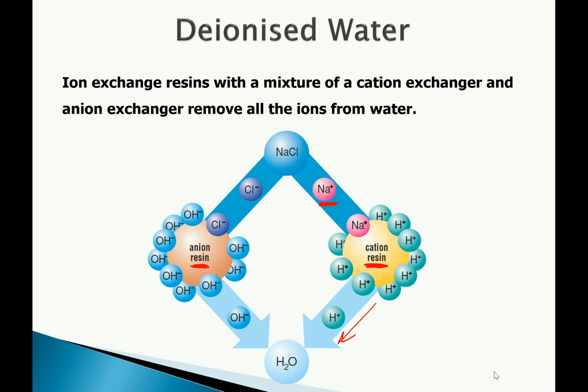So whether it's a sulfate, a chloride, a hydrogen carbonate, anything negative at all, it will replace this with OH minuses, and those H pluses and OH minuses will combine together just to form water molecules. So water flows through with all of these salts dissolved, and what comes out the other side is just pure water, nothing else.